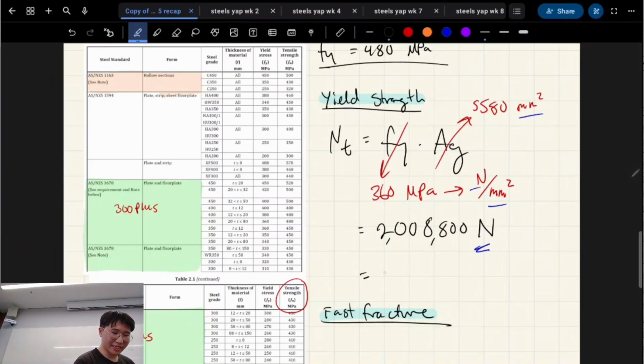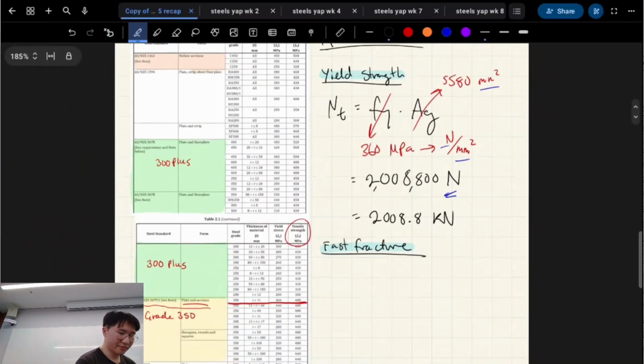Now, most of the time, we like to present things in kilonewtons, because we do external forces in kilonewtons. Like we say, oh, there is 30 kilonewtons of dead load acting down at this point. It just is a cleaner number. So when you're trying to communicate between the external loads and the capacity, we generally want to keep it in kilonewtons, right?